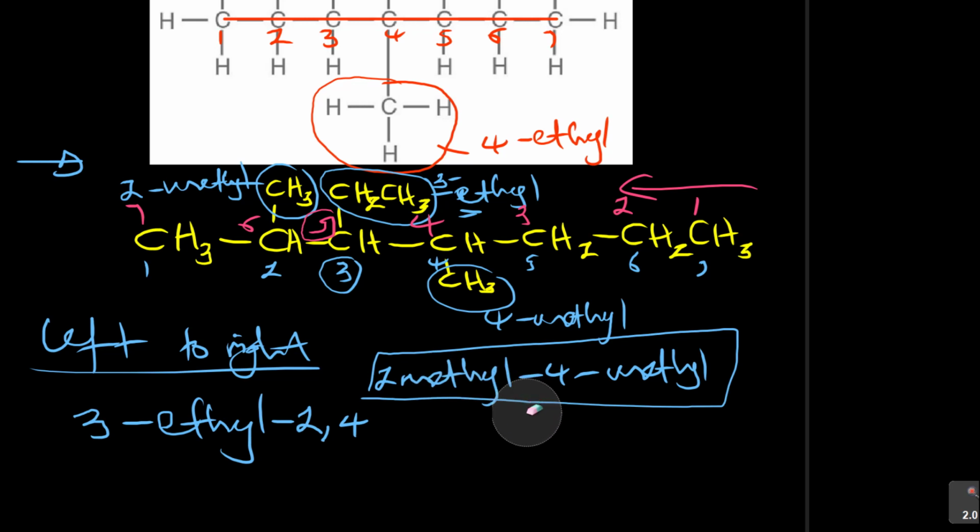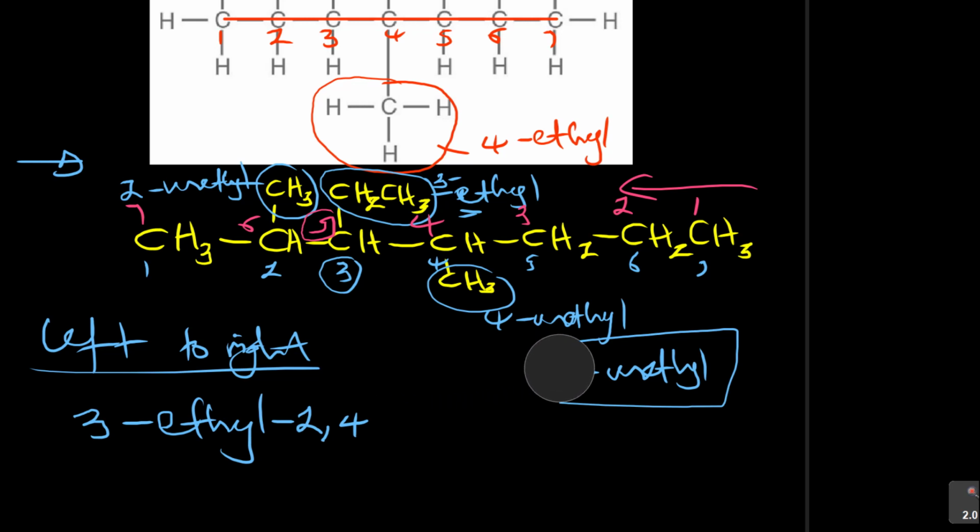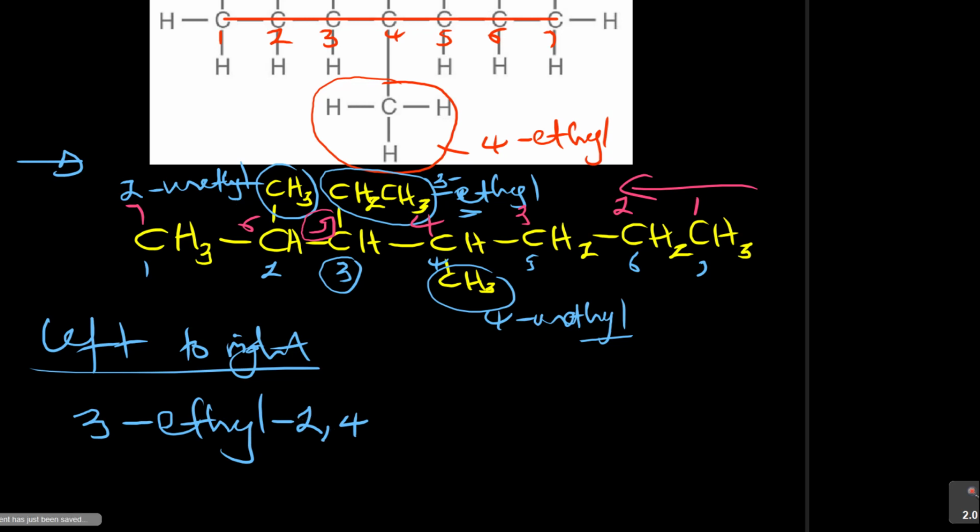What you do, since they are all coming from methyl, so how many methyls do we have? We have 2 methyls. We have got them in carbon number 2 and 4. Now a number and another number, you separate it with a comma, so it's 2,4, and then because there are 2 methyls, you say hyphen di. Di means there are 2. If there were 3, you're gonna say tri.